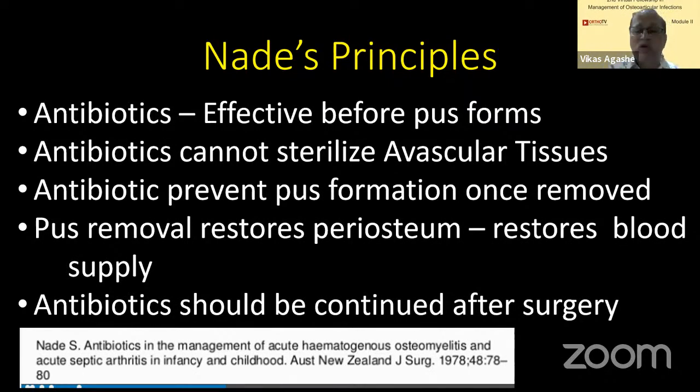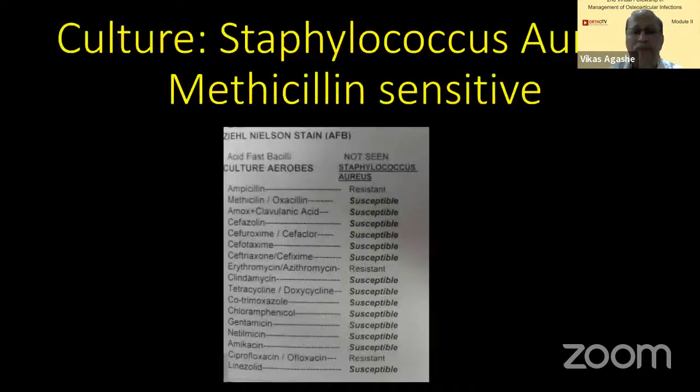Pus removal restores periosteum and blood supply, and antibiotics should be continued after surgery. All this still holds true in spite of tremendous development in antibiotics. However strong an antibiotic may be, it will not be effective once pus forms.